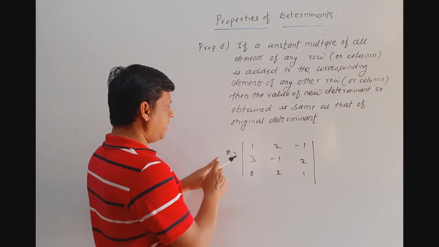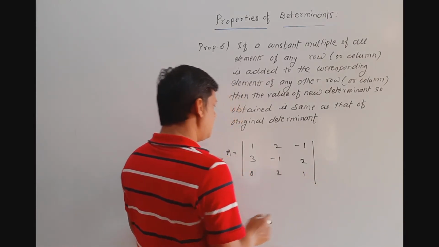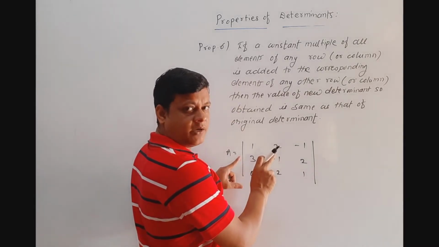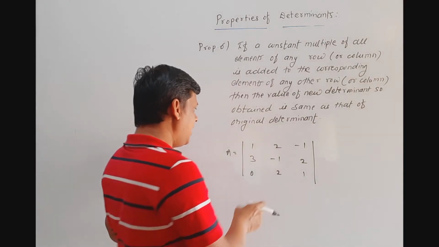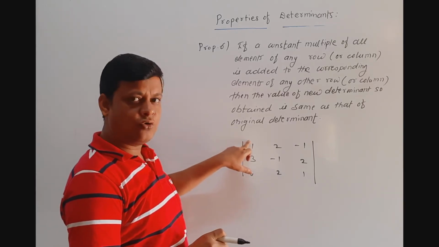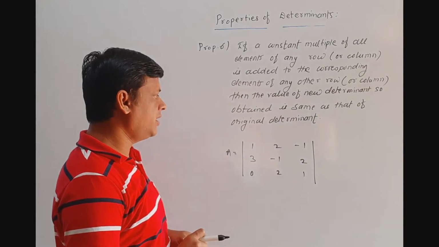Suppose the given determinant is of order 3 by 3. Here when we multiply any row's elements by any constant, and that multiplied value is added to any row, we get the same value as the value of this determinant A.